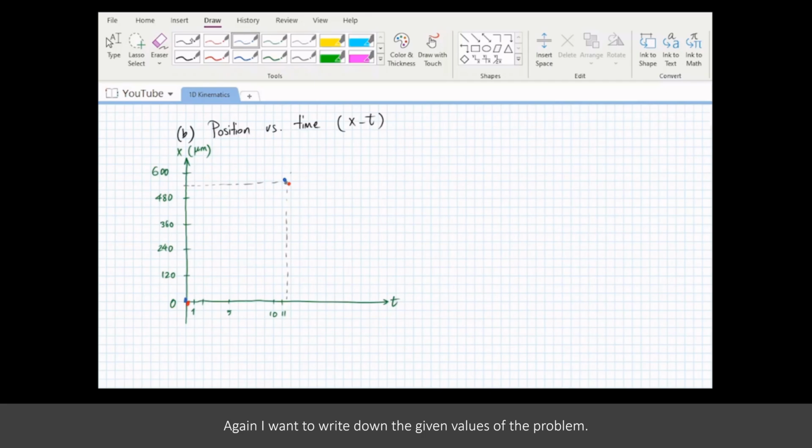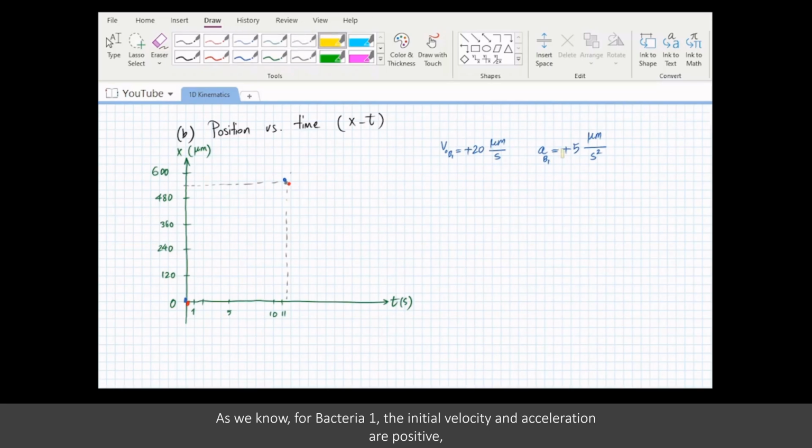Again, I want to write down the given values of the problem. As we know, for bacteria 1, the initial velocity and acceleration are positive.